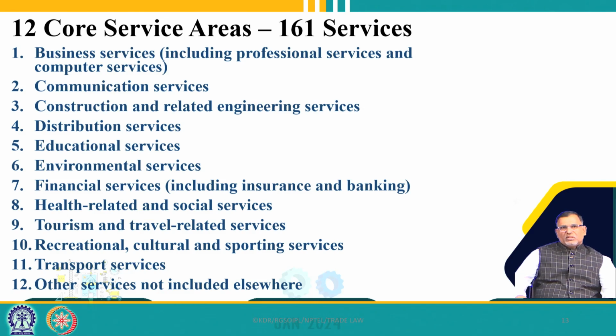The important 12 divisions are business services, communication services, construction related engineering services, distribution services, education services, environmental services, financial services, health related social services, tourism and travel related services, recreational, cultural and sports services, transport services, and other services not included elsewhere.